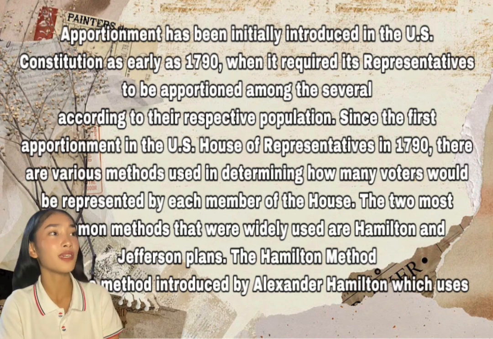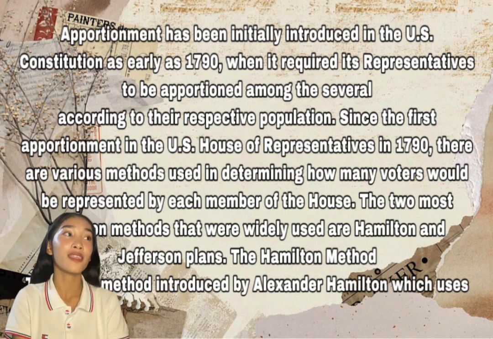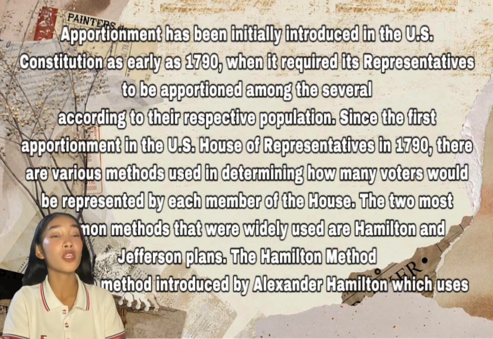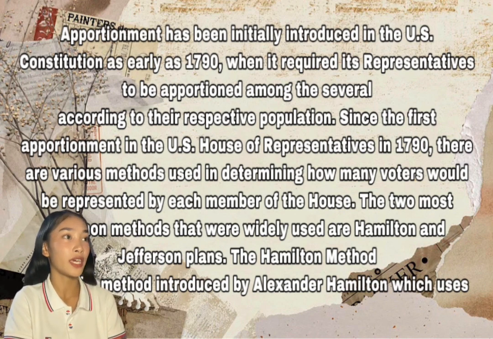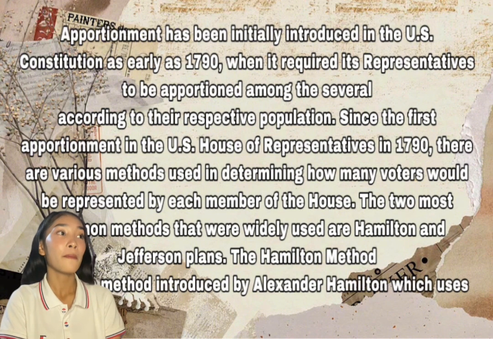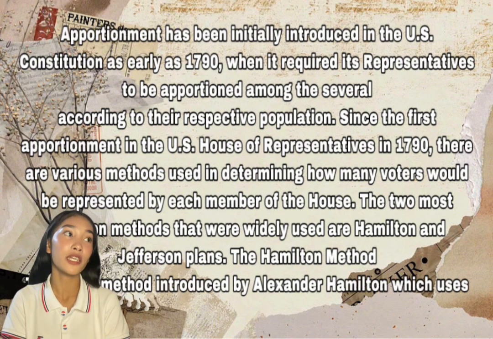Indeed, apportionment in the US traces back to the Constitution in 1790, aiming to allocate representatives based on state populations.